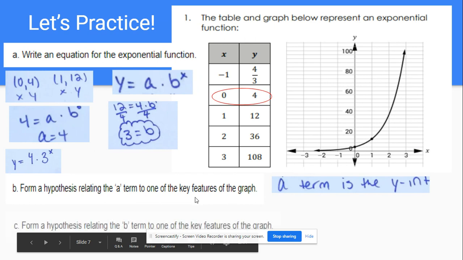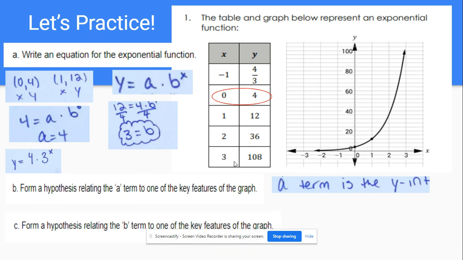It's important that we know that. We also need to know where this b term comes from as it relates to one of the key features of the graph. And we know in this case, b is 3. Well, this 3 right here is just representing when x is 3, my y value is going to be 108.